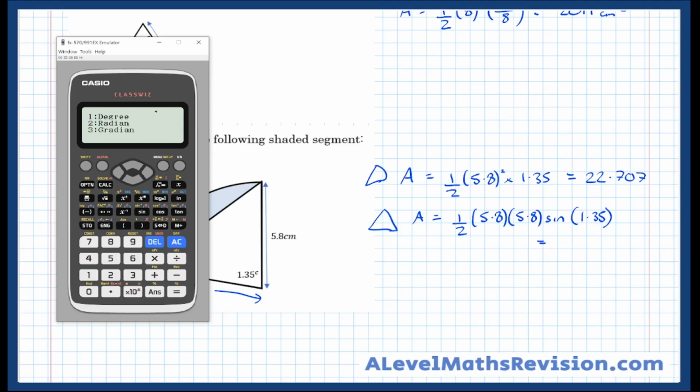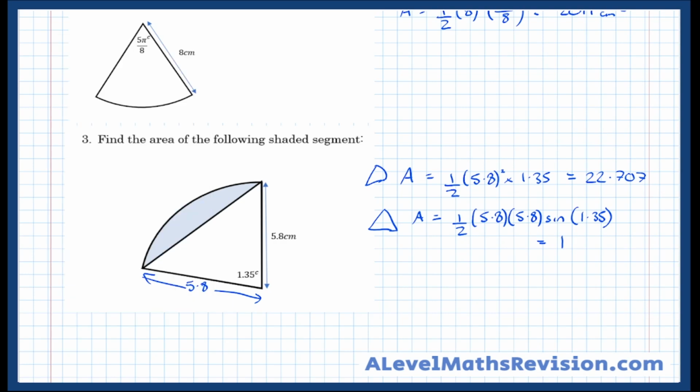So angle unit radians. So a half AB sine of the angle 1.35, half AB sine C equals 16.4117.